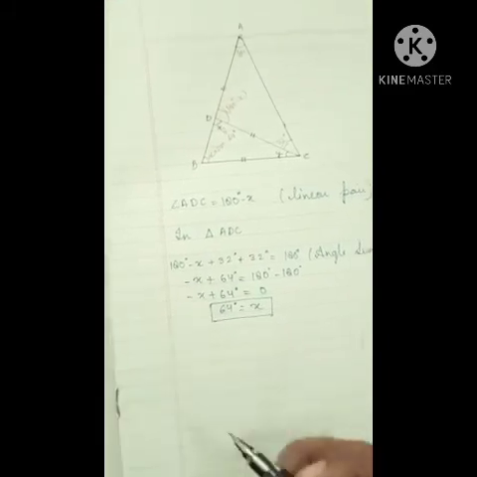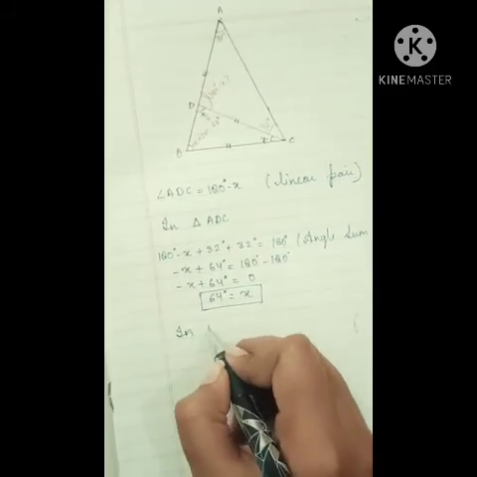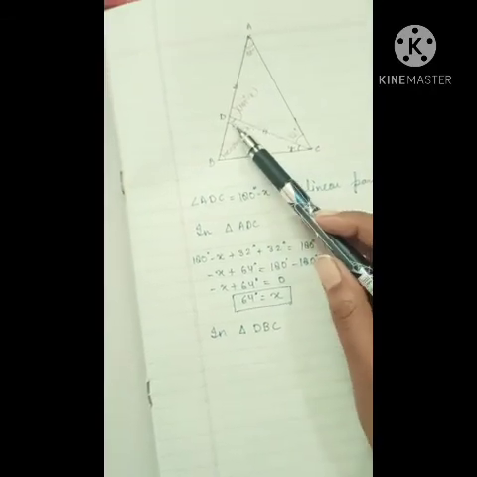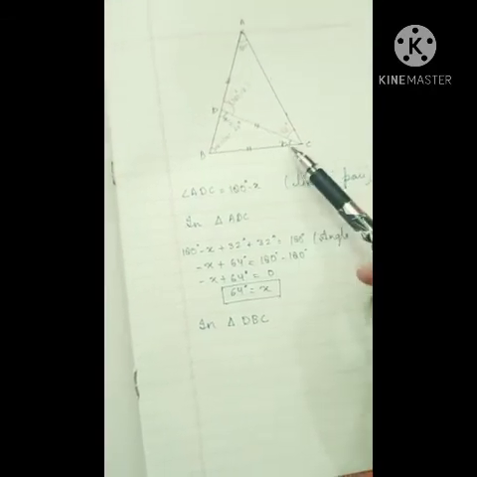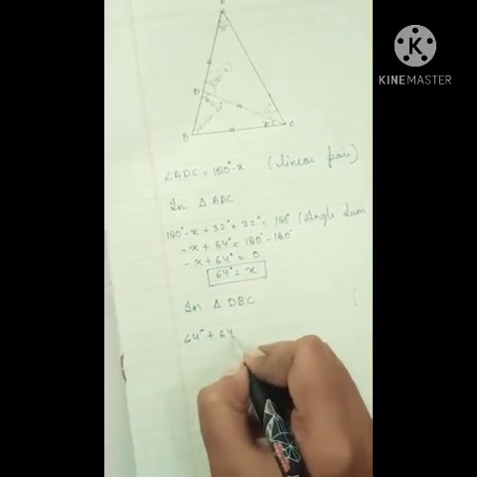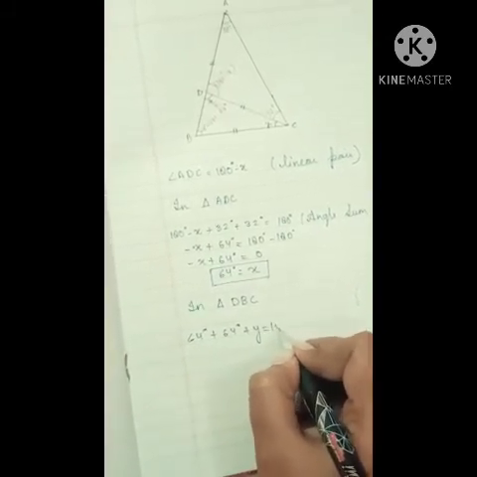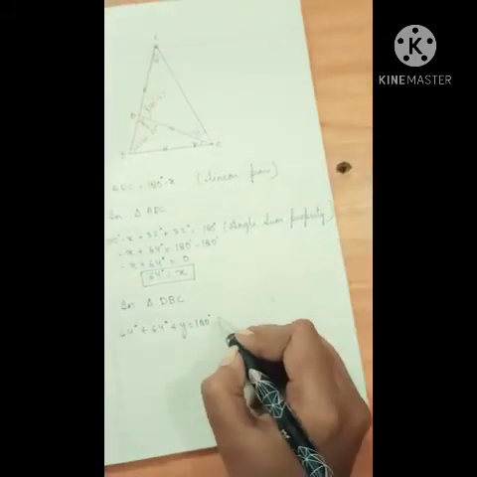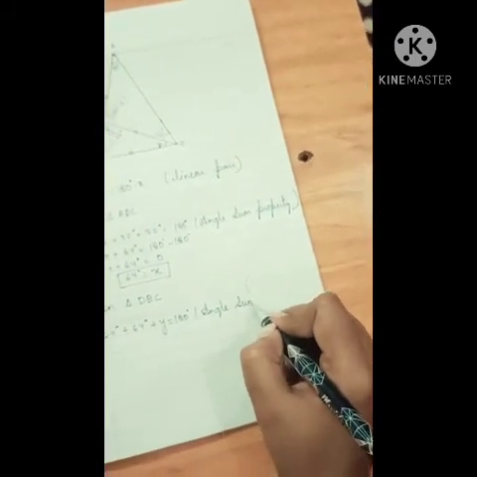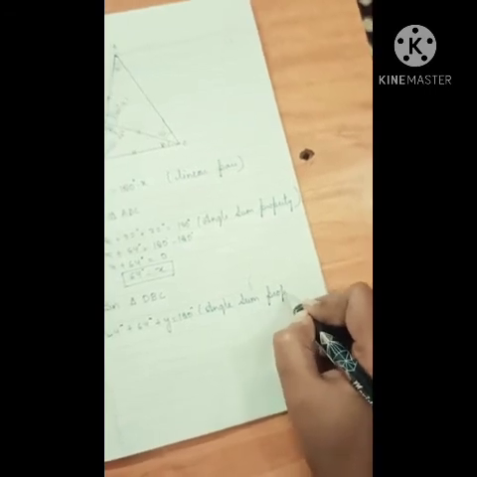So in triangle DBC, 64 plus 64 plus y. 64 degree plus y is equal to 180 degree. Angle sum property.